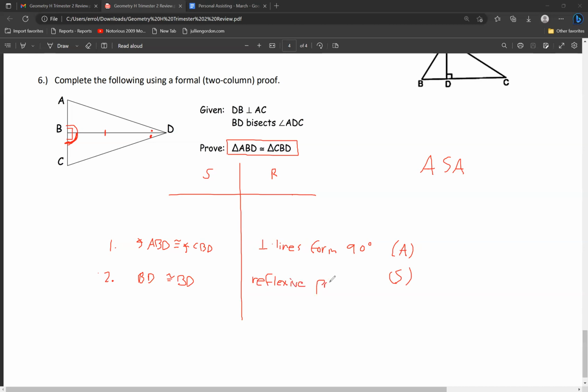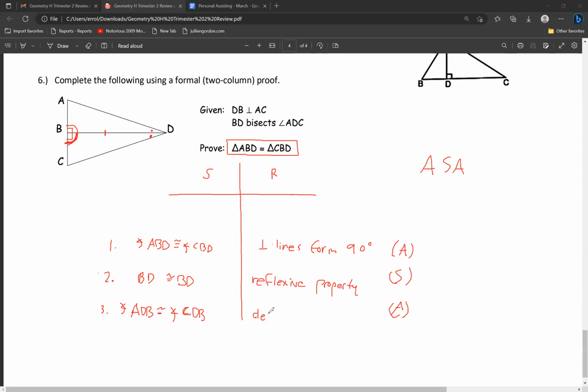Reflexive property. Okay, and then give me the last angle. Angle ADB is congruent to what? CDB. Yes. And what's the reason? The angle bisector definition. Yeah, exactly.